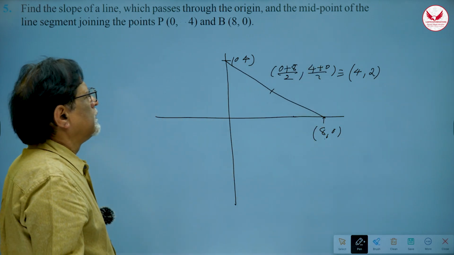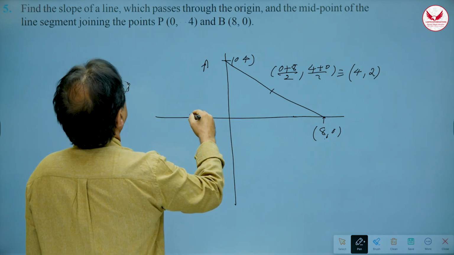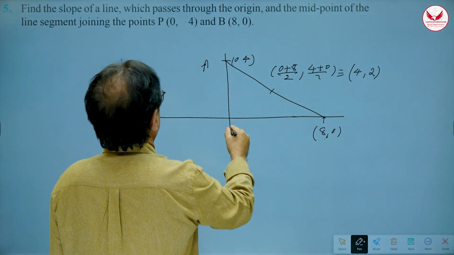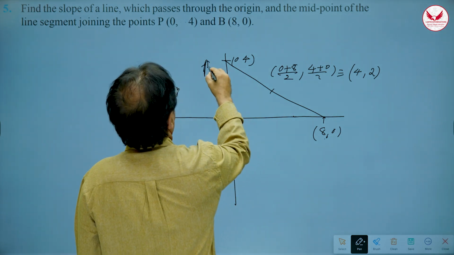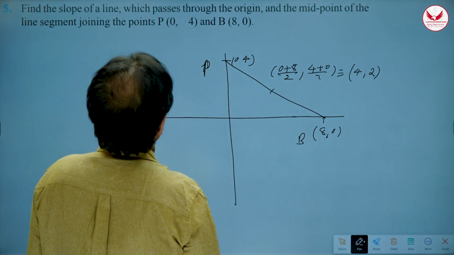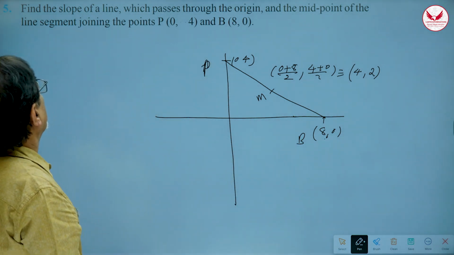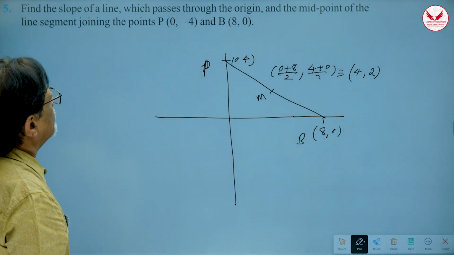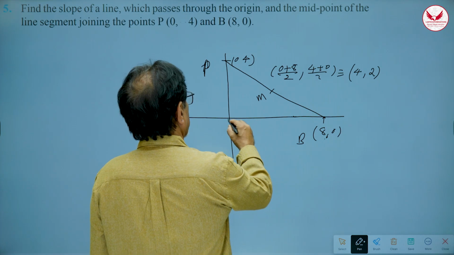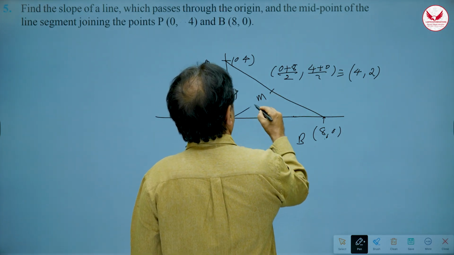So this is the midpoint of points P and B. The midpoint is not given any name, so we'll call it M. So now I want to find the slope of a line which passes through the origin and the midpoint. So this is the origin, this is the midpoint. So I want to find the slope of this line.